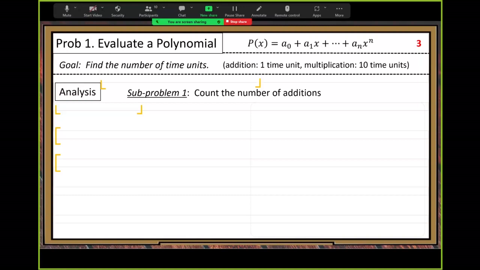All right. So the first subproblem. Count the number of additions. Now I ask you to look at the formula here. This polynomial formula. You can see many plus signs, right? So each plus sign represents one addition. So now my question is, can you tell me how many additions do we need to find the value of this polynomial? Here you can ignore the multiplications.